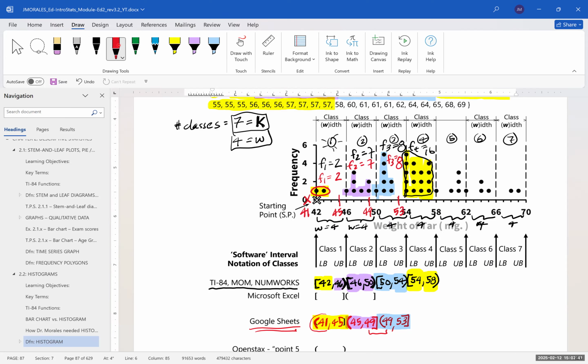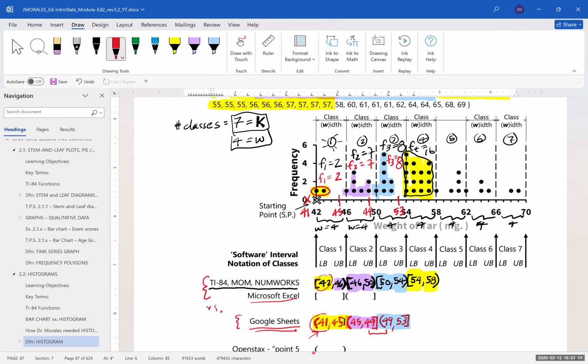But I think this is enough to make the point that depending on whether you're using the graphing calculator or Microsoft Excel versus using Google Sheets, you're going to have a different starting point.